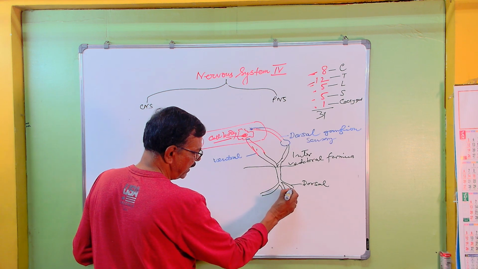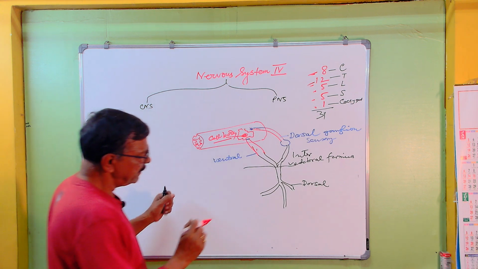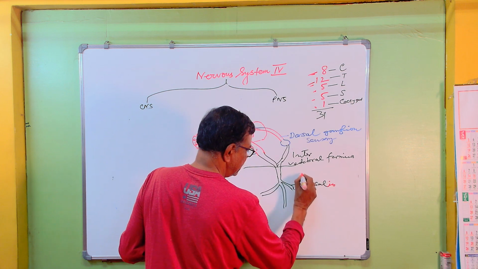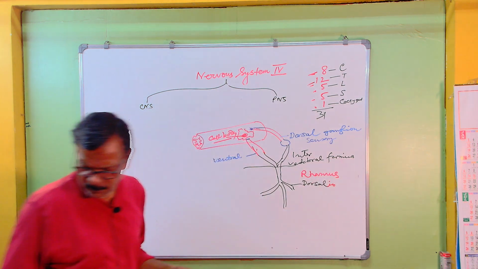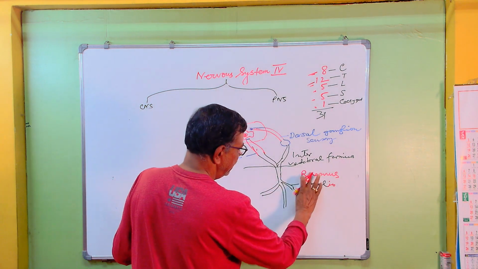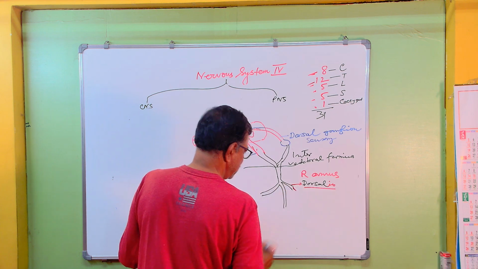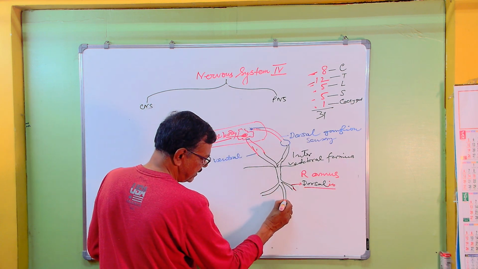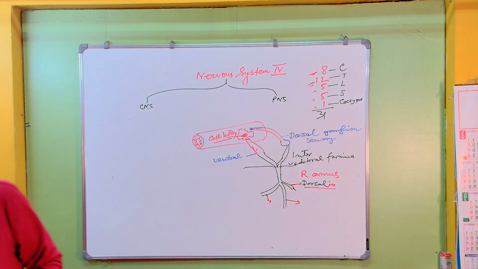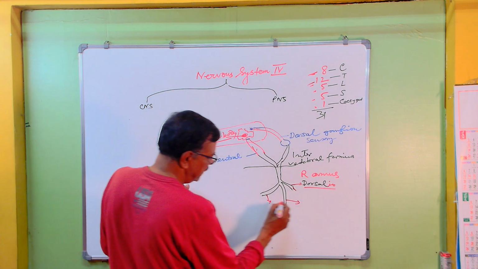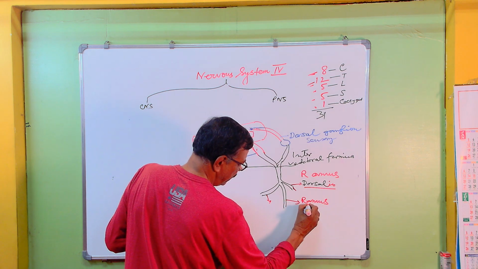These three roots are known as follows. The dorsal one is known as ramus dorsalis, ramus spelled R-A-M-U-S. Another is known as ramus ventralis, and this is ramus communicans.